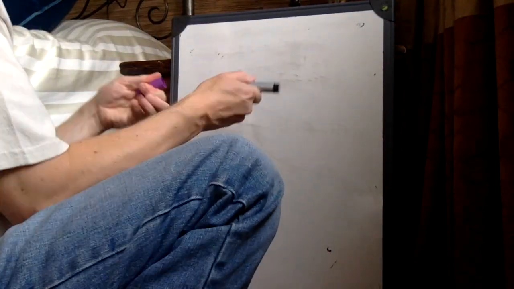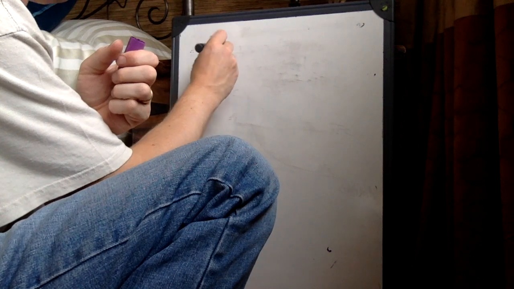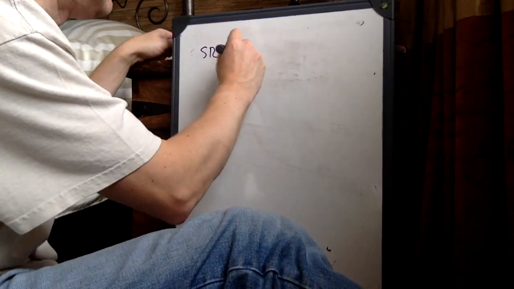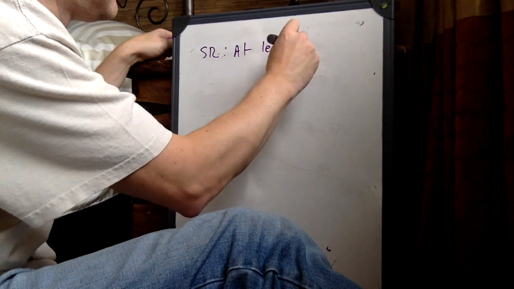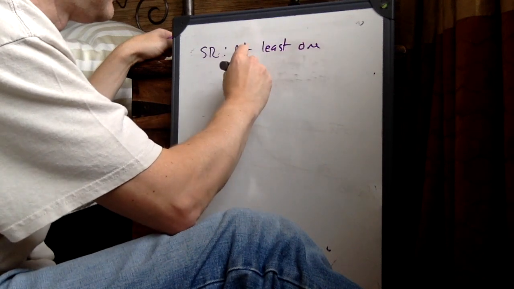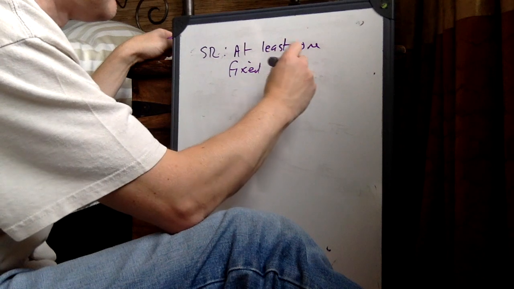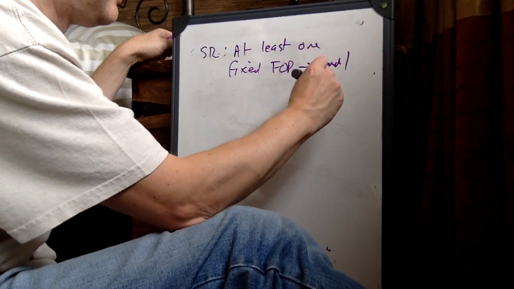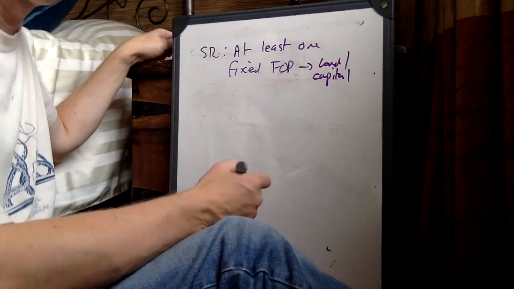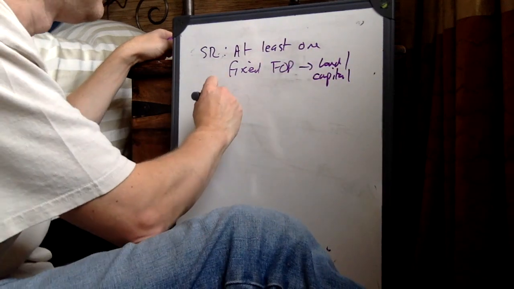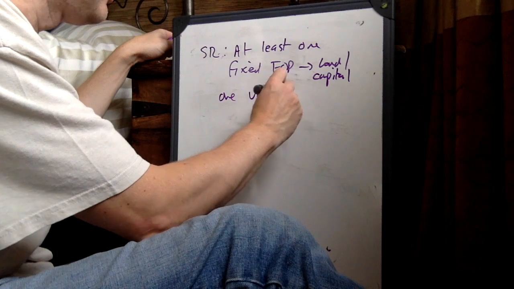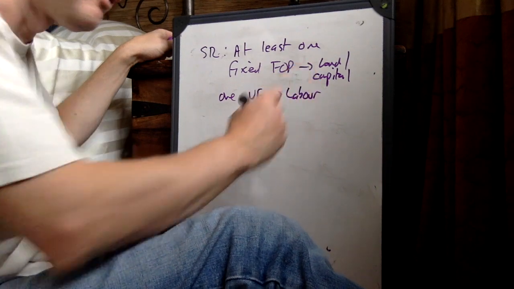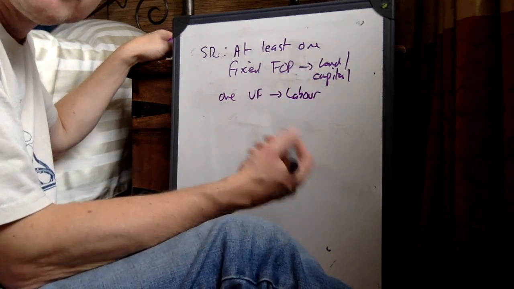Just a quick reminder, what we know about the short run is that there is at least one fixed factor of production. Generally, that tends to be land or capital, and there's at least one variable factor. Generally we assume that one's labour.